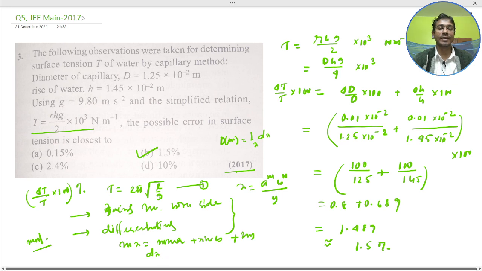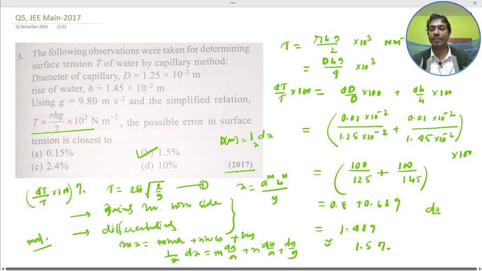Basically, here it is written as ln x differentiation 1 by x and x differential dx. So this would be m dA by a, this would be n dB by b, this would be dy by y, and here dx by x is equal to del x by x. This is the main concept.